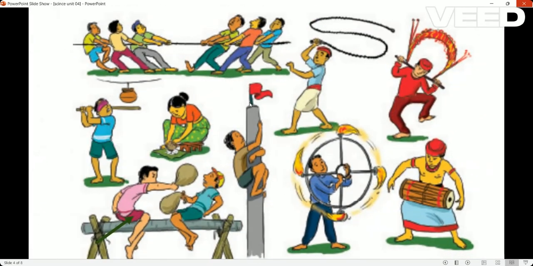Next, this is in your textbook also. When you turn to unit 4, there is a picture of a procession and a New Year festival, and it also requires some amount of energy.